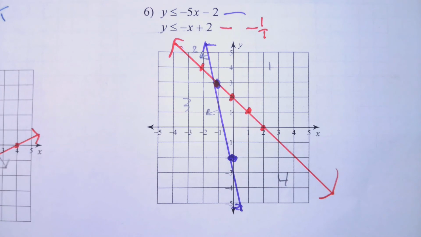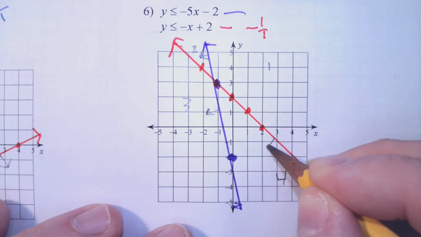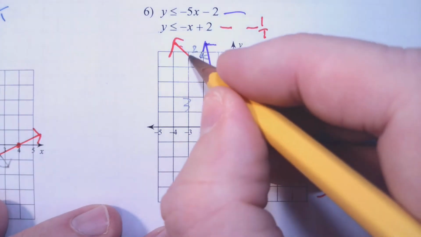And it also is less than, so you're going to be coloring down. So that's either going to be here or here.